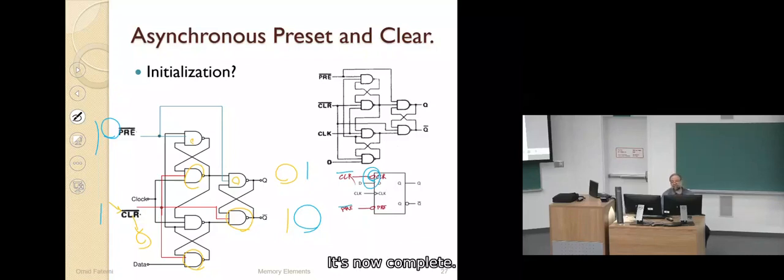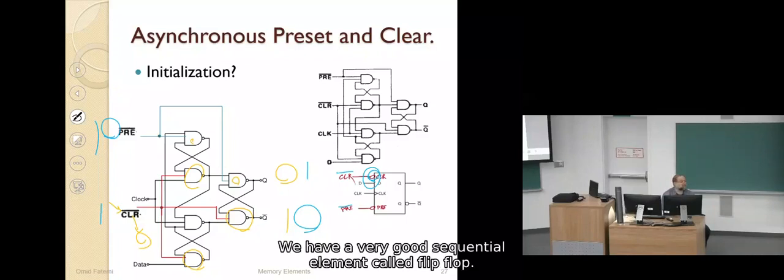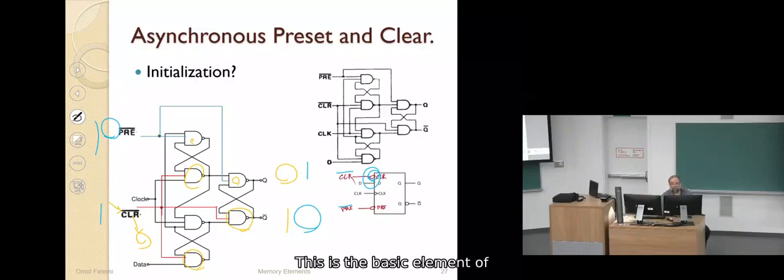So it's now complete. We have a very good sequential element called D flip-flop. The D flip-flop works on the rising edge of the clock, and it stores the data and puts it in Q. This is the basic element of sequential design.